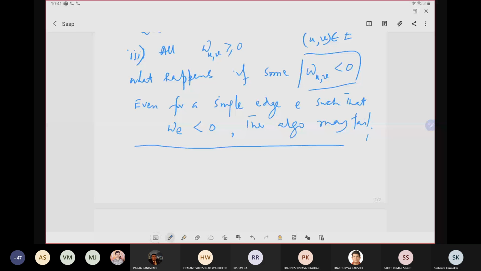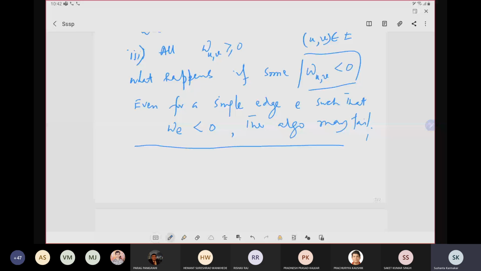Most likely, if you are intelligent enough to generate a proper counterexample, there may be one or two cases when Dijkstra's algorithm fails, if at least one edge has negative weight. Since there is a counterexample, and who knows whether the input graph may or may not have one, it is generally stated that Dijkstra's algorithm does not work for negative edge weights. When the edge weight is negative, it does not work.